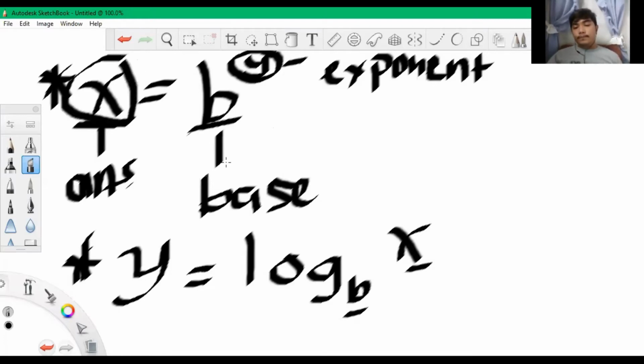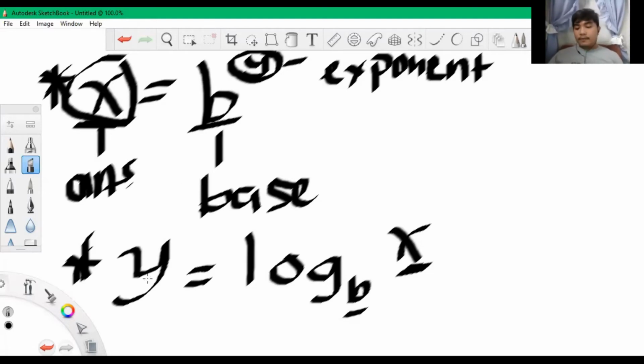So we will write this answer after the logarithm symbol, and the subscript b, and dito po sa ating exponential form, b is our base. So, pag nakakita kayo ng isang exponential equation, you can convert it into a logarithmic form wherein y is the exponent. Exponent is equivalent to the logarithm of the answer to the base. Kung ano man po yung base ng ating exponent.